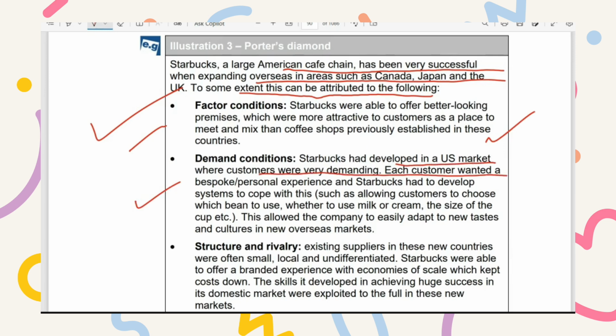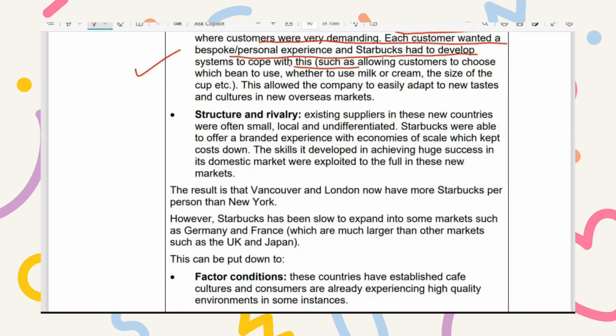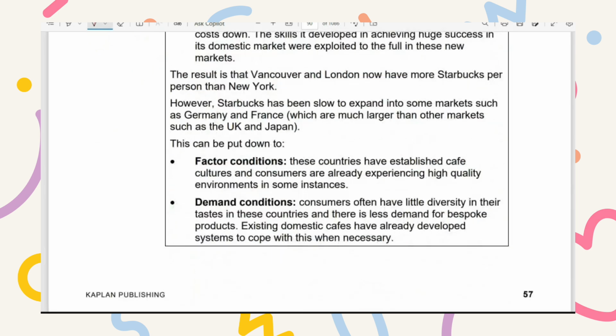Demand conditions: Starbucks developed in the US market where customers were very demanding. Each customer wanted a bespoke personal experience, and Starbucks had to develop a system to cope with this, allowing customers to choose which bean to use. So they have a specific experience, training and expertise in this area.